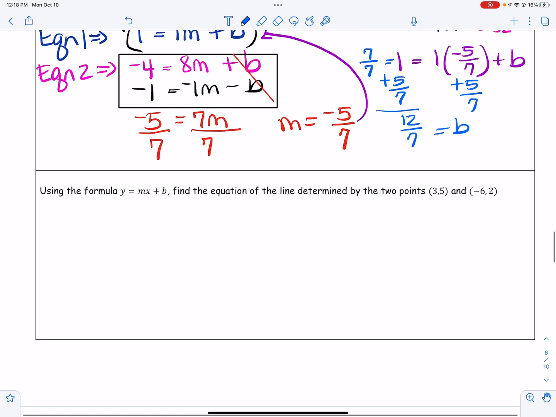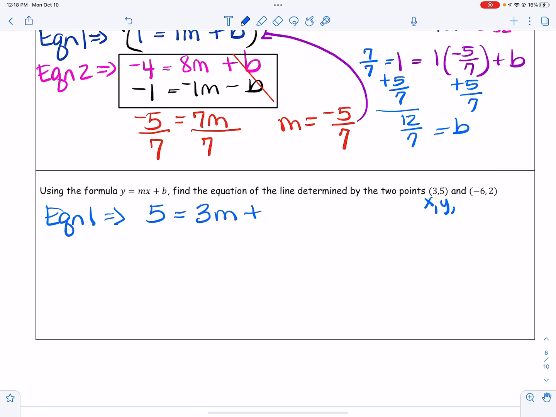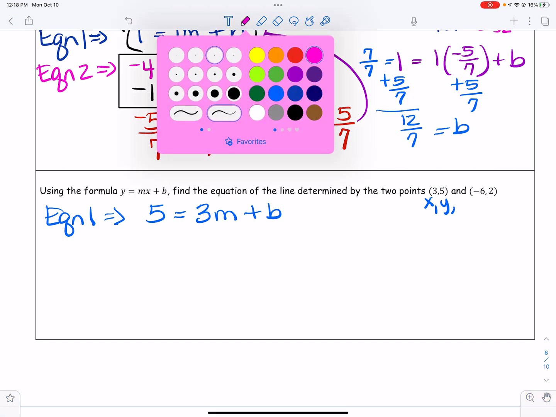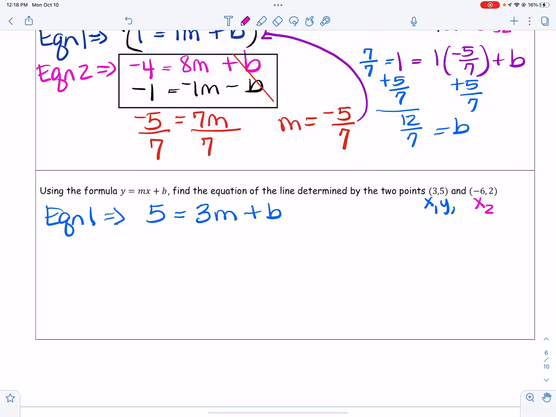All right, so let's try another one. So here we've got equation 1. Here's my x1, y1. So we get y is 5 equals 3 times m plus b. Equation 2, here's my x2 and my y2.